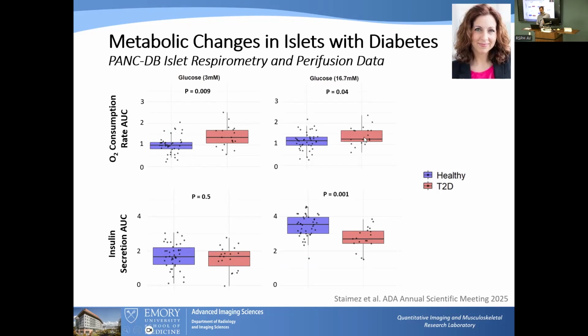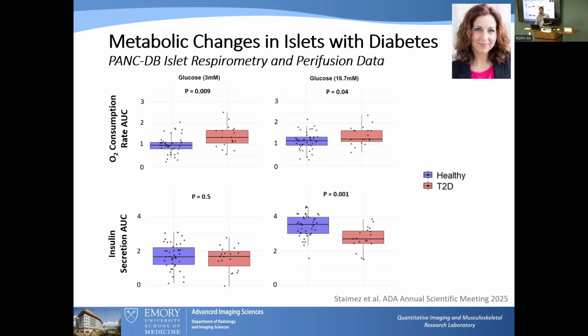And it's still elevated at high levels of glucose stimulation compared with healthy. And yet their insulin secretory capacity, it's not that different at low levels of glucose, but at high levels, it's impaired. So this is interesting because it suggests that they're consuming a lot more oxygen to produce a lot less insulin.